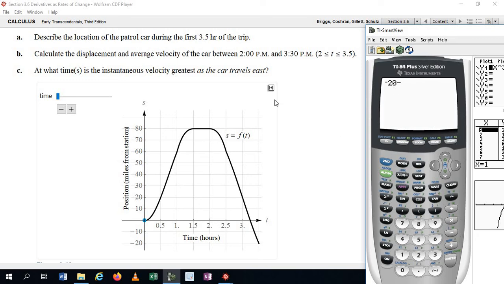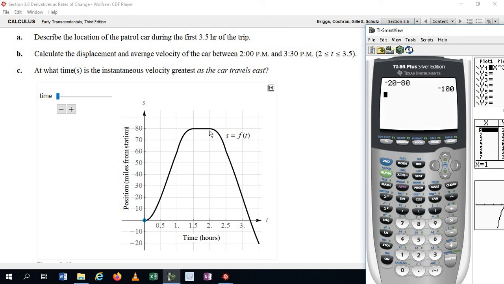Minus its initial position, which is when t is equal to 2. And when t is equal to 2, it's at the positive 80 mark on the number line. So its final position minus its initial position, its displacement, is -100.